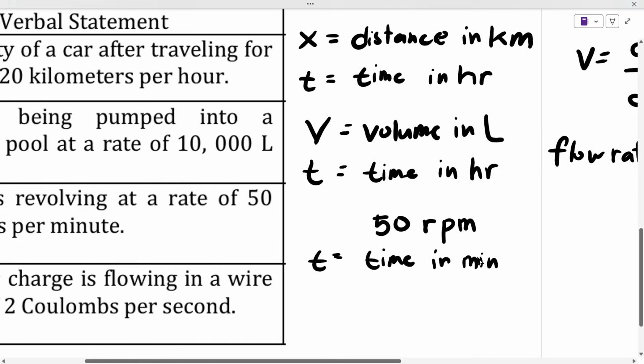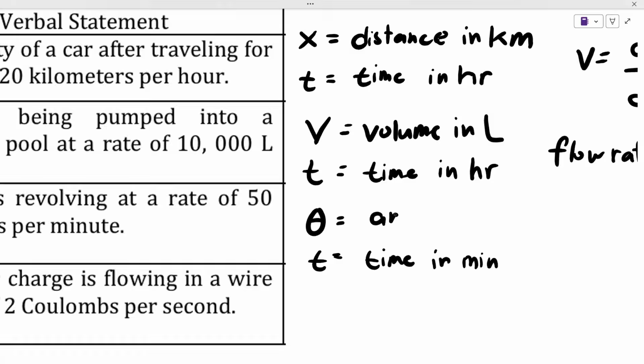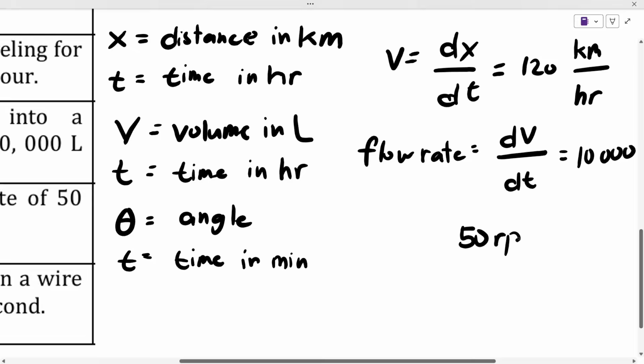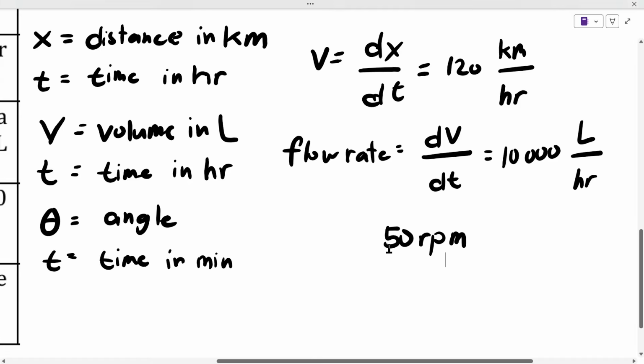To specify what parameter is involved in revolutions, there's an angle here. Since the given is 50 RPM, it's up to you what angle unit you will use, either rad or degree. Let's say we'll be using rad.